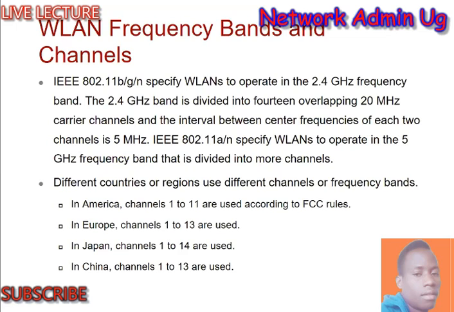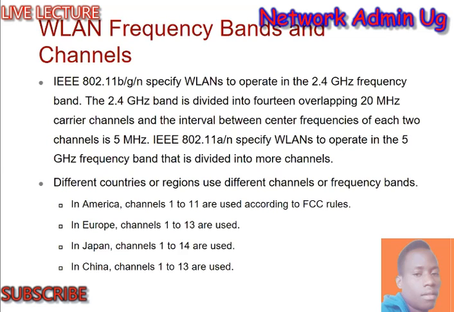For example, 802.11a, which uses the 5 gigahertz band, has the feature of low channel conflicts, so it is more recommended because of its low conflicting channels. However, the high frequencies are easily absorbed and have shorter transmission distances compared to the 2.4 gigahertz frequency band.